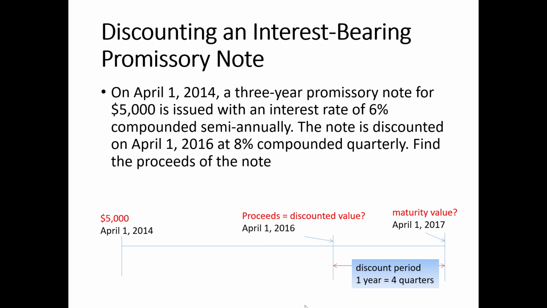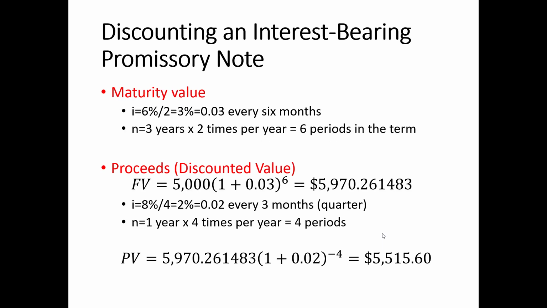Okay. And this is a real life financial instrument, big league stuff here. So step 1, maturity value, right? And we have all that calculation, and we find the future value because maturity value is a future value.